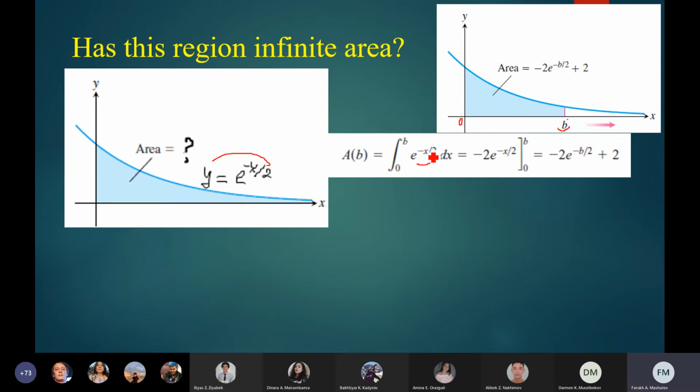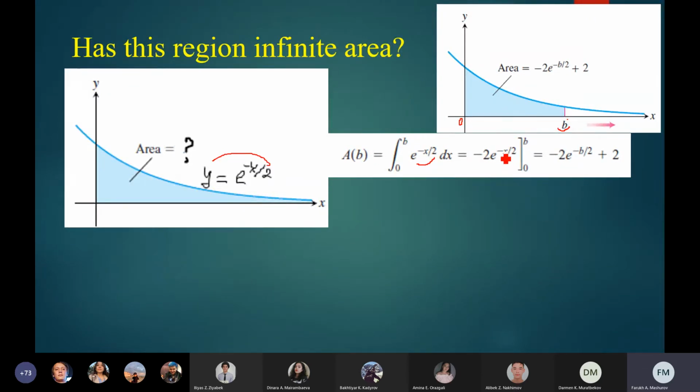If we find the integral of this function, we get minus 2 e to the power minus x over 2, because the integral of this one equals this one. To check it, you just find the derivative of this and you will get this function. We put in b, and then 0.